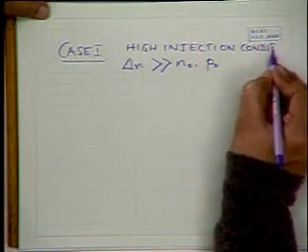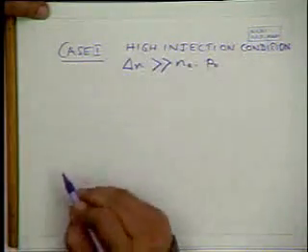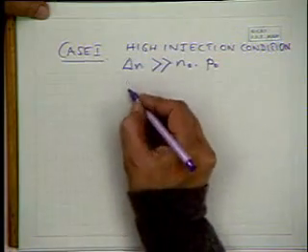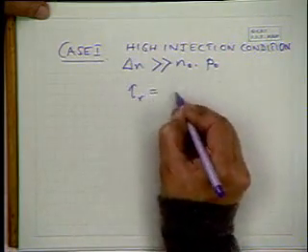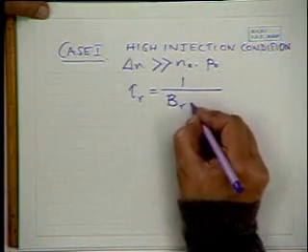Because the injected carriers, as in a PN junction, the excess carriers are much larger than N0 plus P0. So obviously in this case, tau R is just equal to 1 by BR delta N.